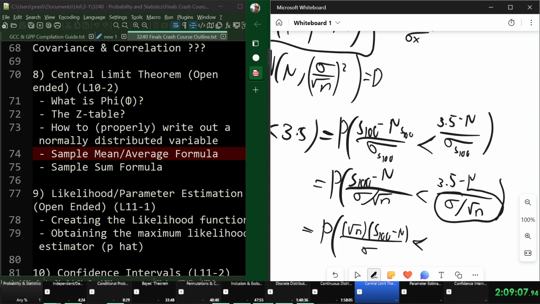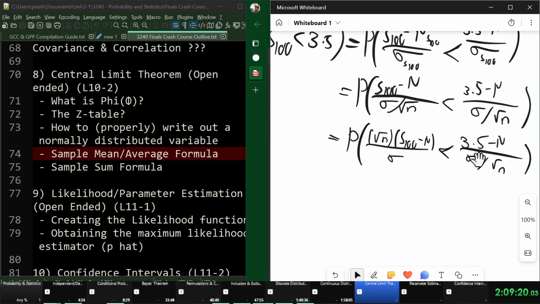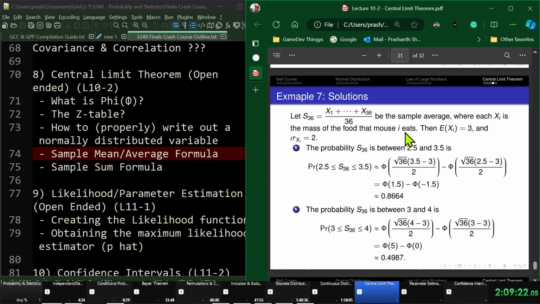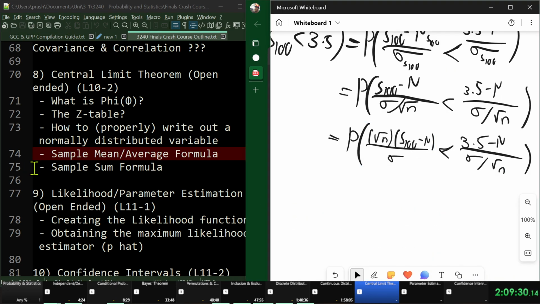Please remember that this is the denominator now. But at this point in time, you should get numbers in your question, so you can just sort them in and calculate the probability with a z-table and the phi values. So that was the average.